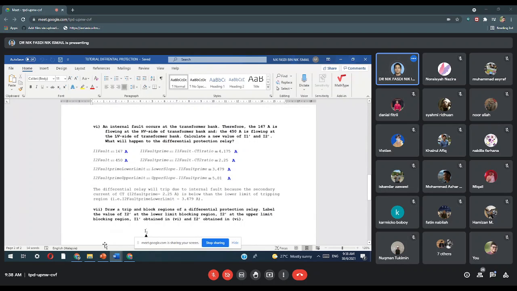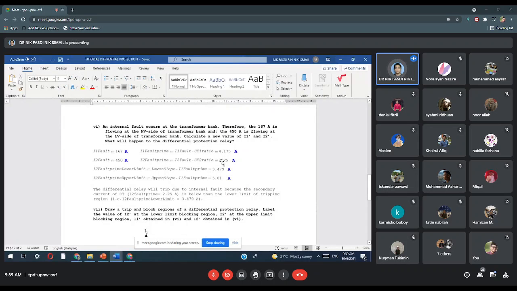Here, I thought 167 is 50 amps. You look here for primary, I prime. Maksudnya this equal to the secondary. So this is the amount for 2.25.